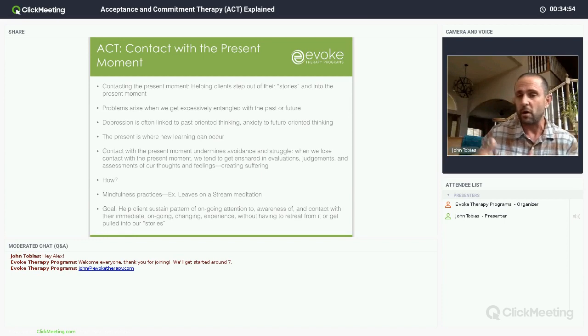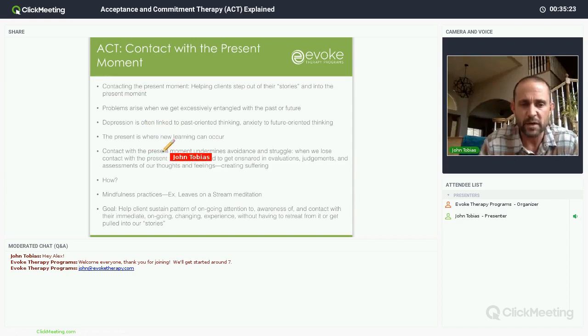And we're also not anti-planning. So it's not like with our clients we say, the past is bad and the future is bad, so just stay present. That's not it. But we also recognize that there are definite points of diminishing returns where, okay, I've gotten what I need out of looking at the future right now. I've done the planning. Now let me come back to the present moment and begin to implement the planning.